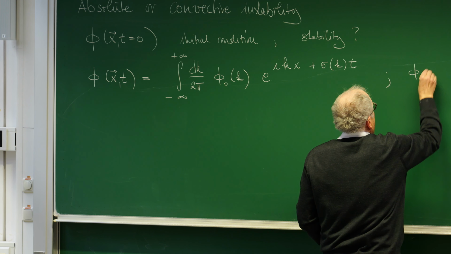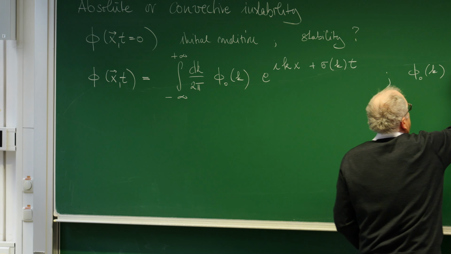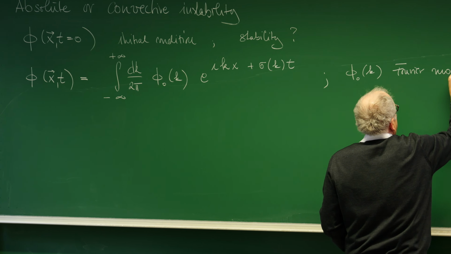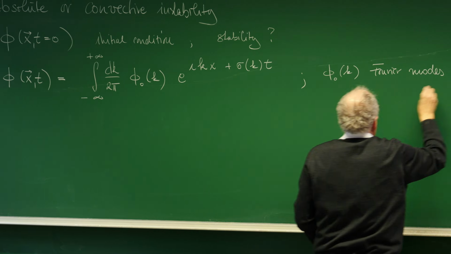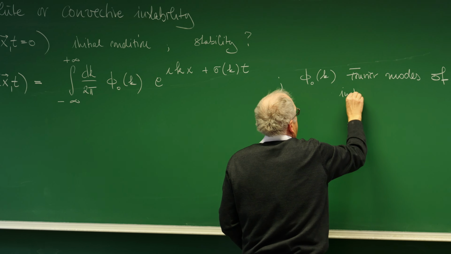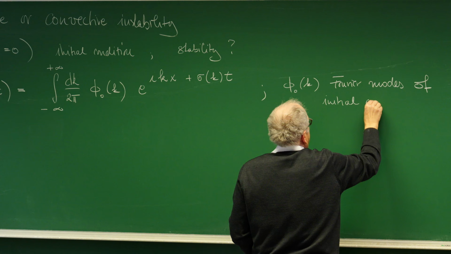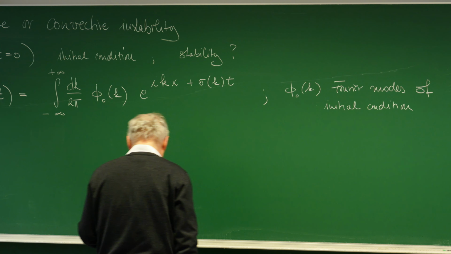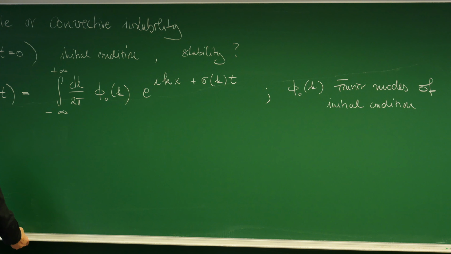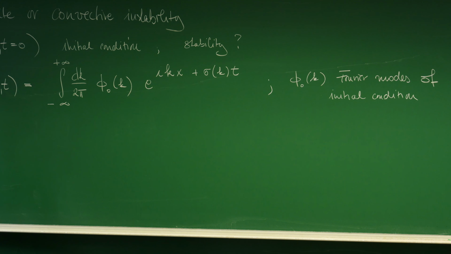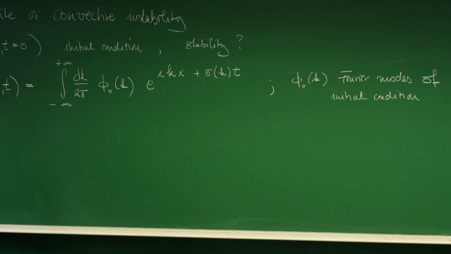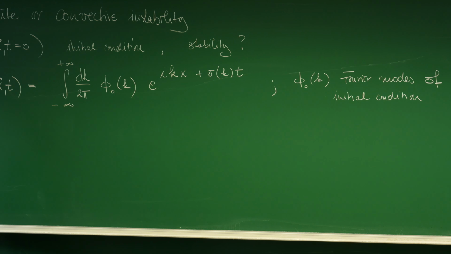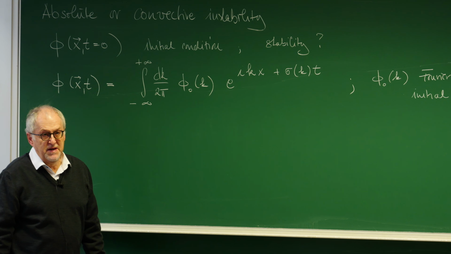So phi naught of k, as said, are the Fourier modes of our initial condition. Okay, so how would we evaluate this integral here?